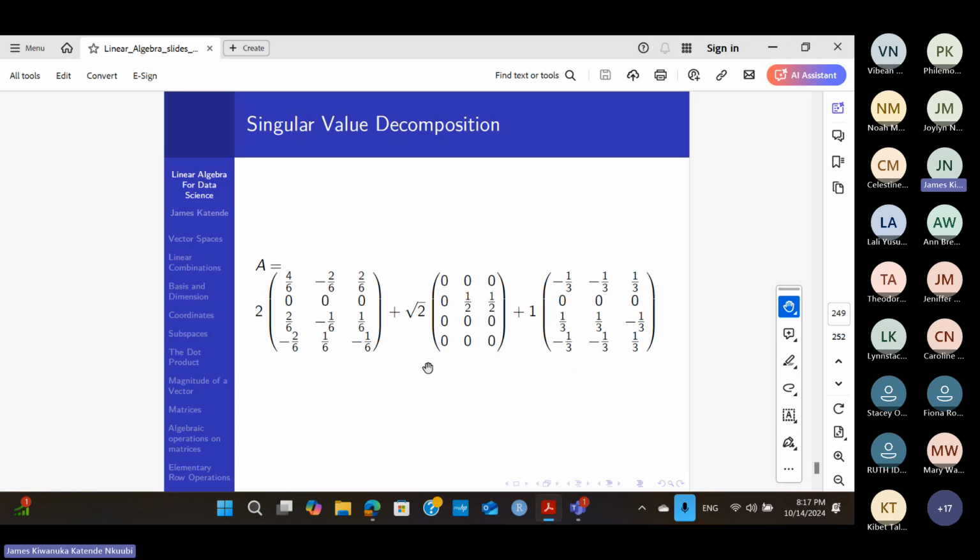Or do you? You need to double check. So if the multiplication is done properly, if you add these up, you should recover your original matrix. But you can approximate A by dropping maybe the last term or dropping the last 2.